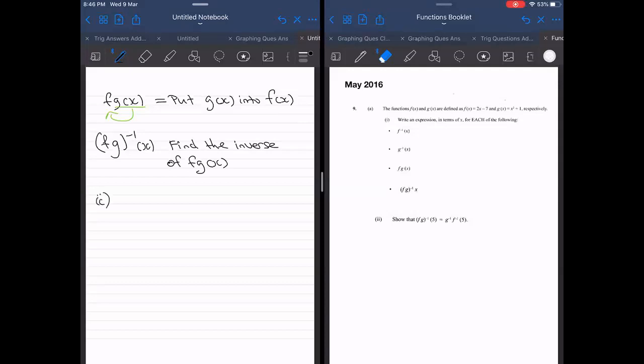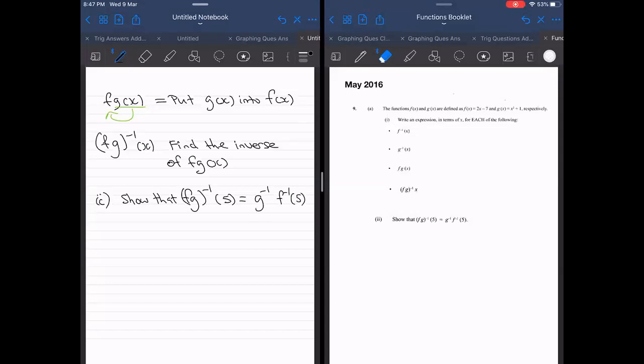And then the second part, it says show that f of g inverse of 5 is equal to g inverse f inverse of 5.